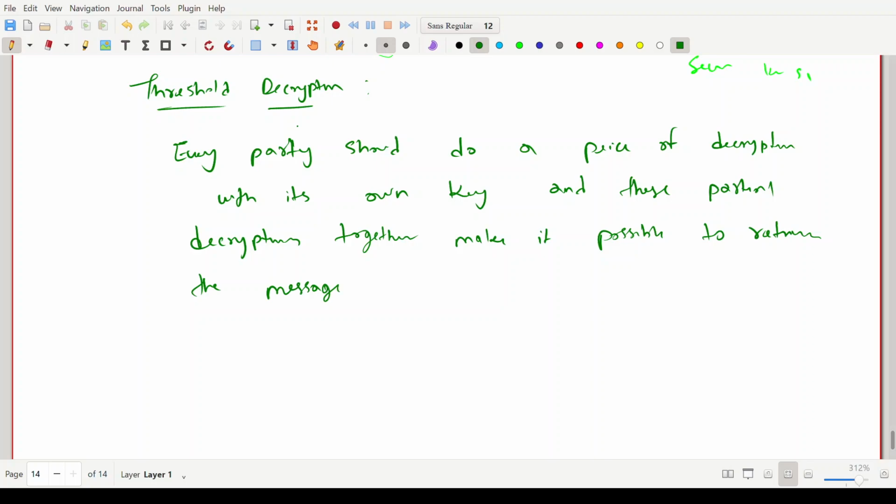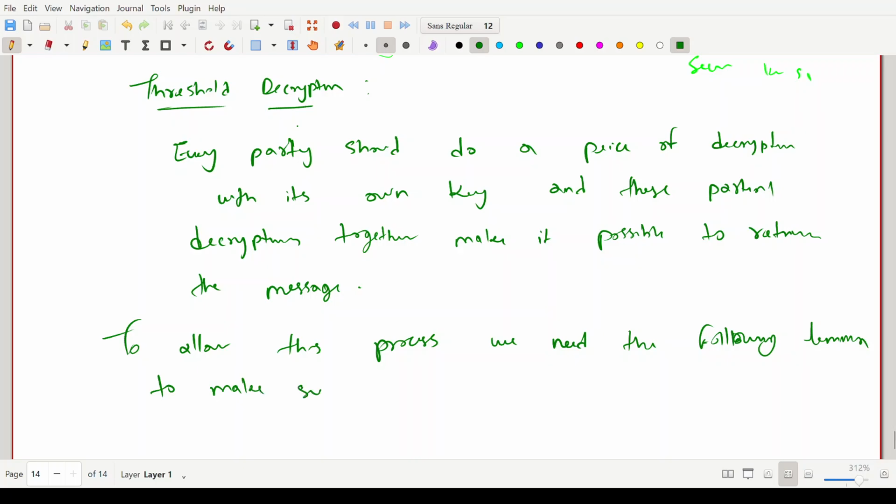So to allow this process, we need the following lemma to make sure no secret key can be deduced from the ciphertext and partial decryption.